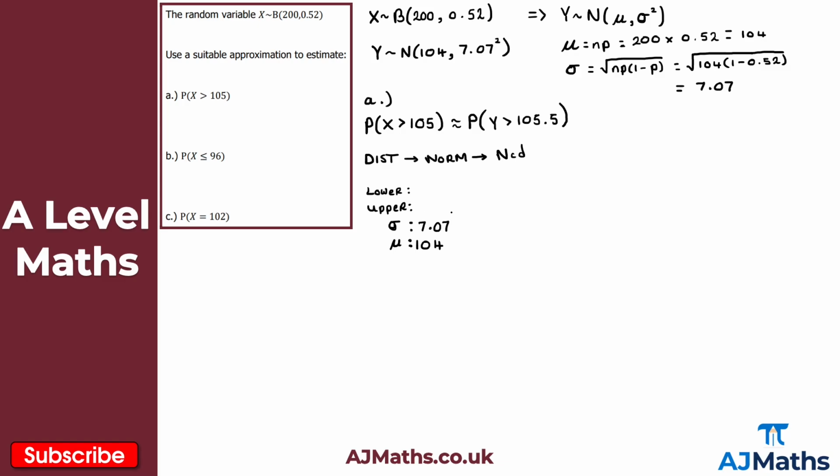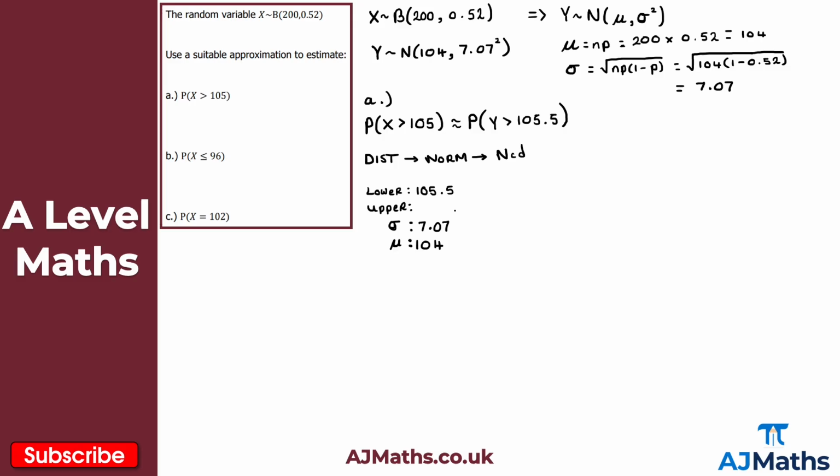Now for the lower and upper, remember this is determined by the probability that we're looking to find. I want the probability that y is greater than 105.5. So because we're looking for y being greater than 105.5, that means I need to input the lower value here as this value. So lower is 105.5.